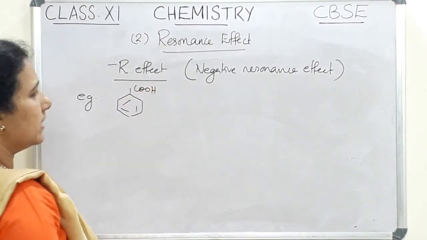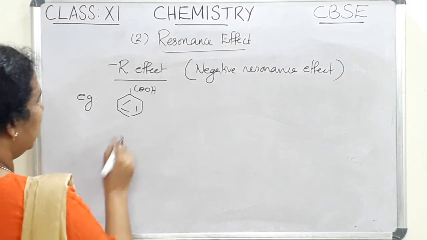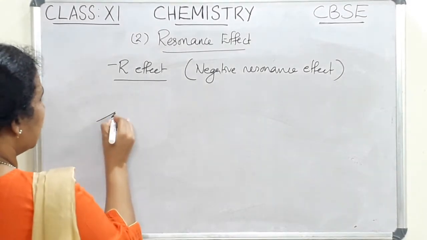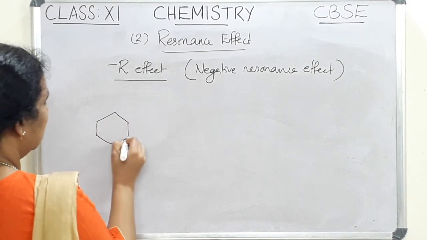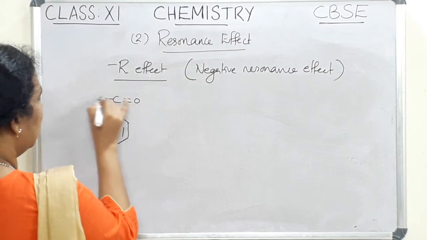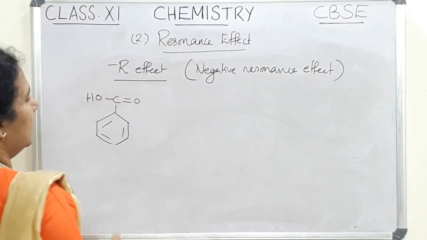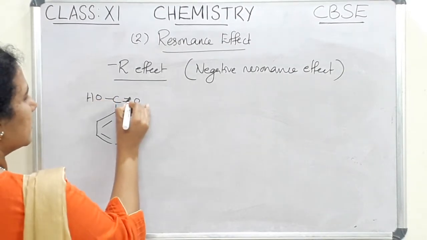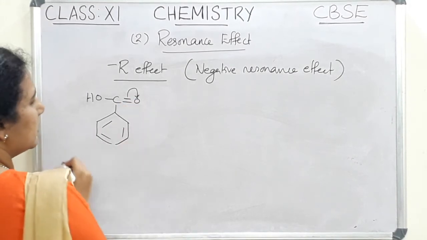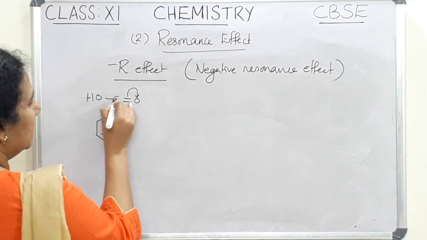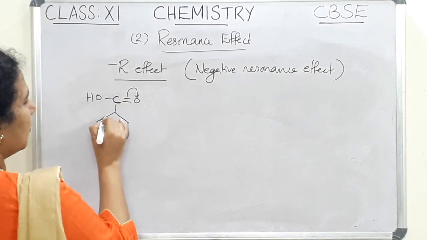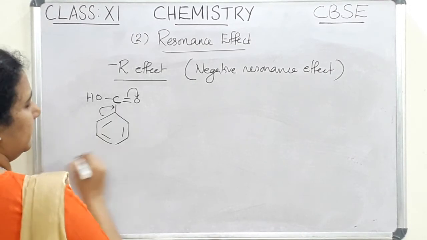So benzoic acid can be taken to explain the minus R effect. Benzoic acid can be drawn like this: C double bond O, OH. In this case this oxygen is electronegative and this bond pair is shifted towards oxygen, and there is a deficiency of electrons here. So these pi electrons are shifted towards here.